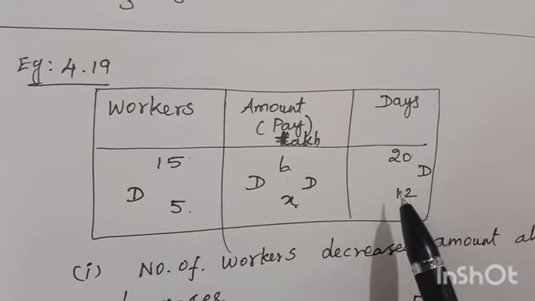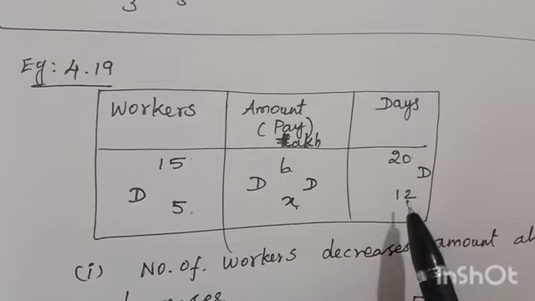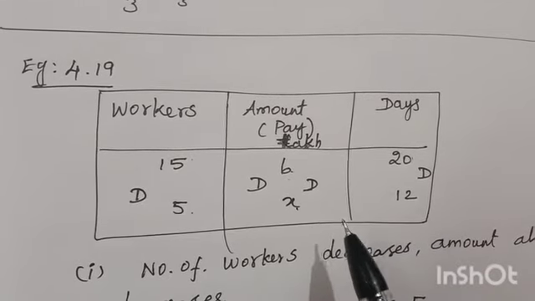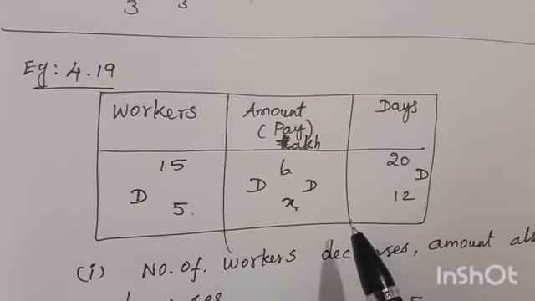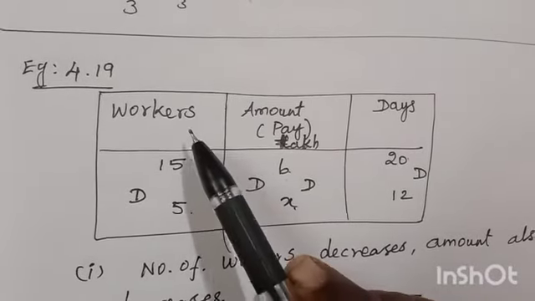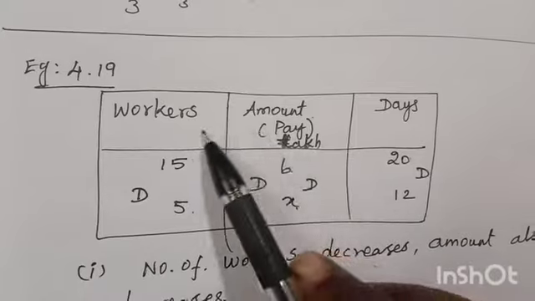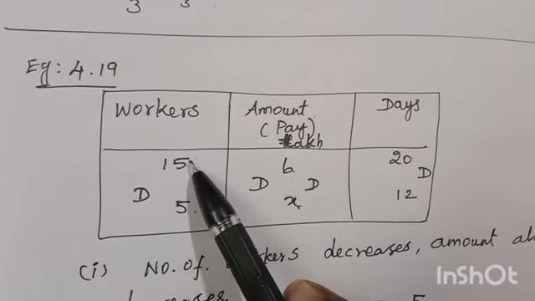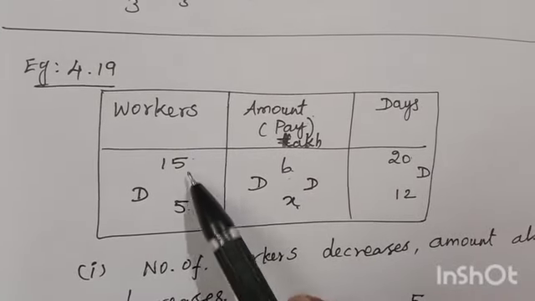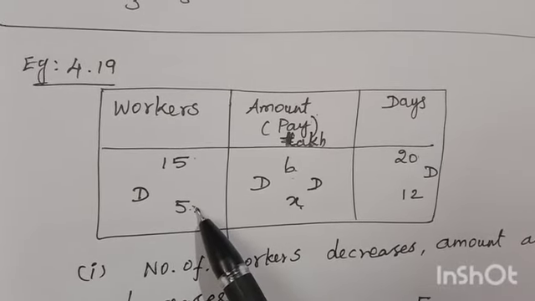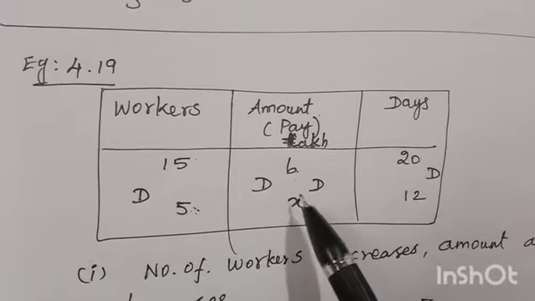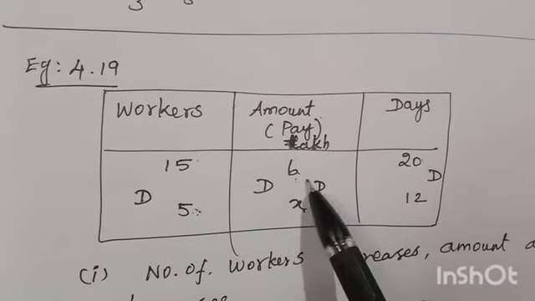It is a compound variation, so you have to check the chain: direct direct, direct inverse, inverse inverse, or inverse direct. First you have to compare workers and amount. For workers it is 15, then 5. Is it an increase or a decrease? It is a decrease.